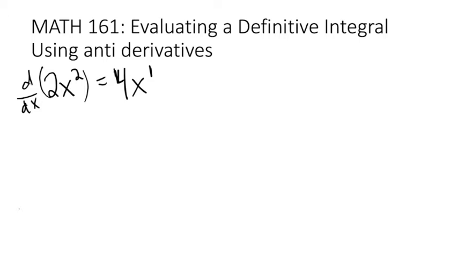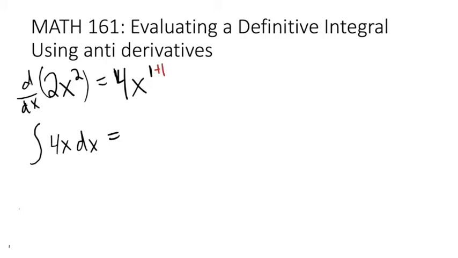So now we're going to do that in reverse. If we were to take the antiderivative of 4x, that means we're taking the integral. So the antiderivative of 4x would be the opposite. Instead of minusing 1, we're going to plus 1.